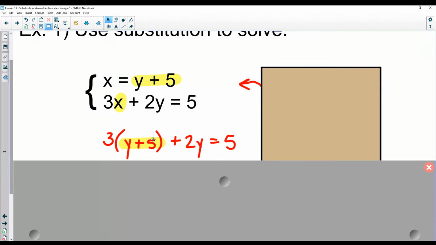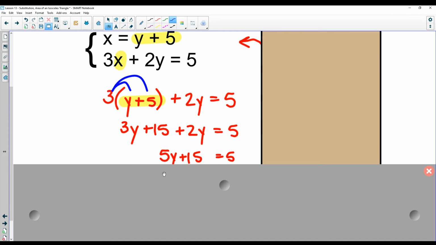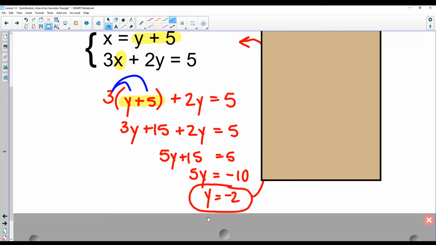So in the next line, the x is replaced with y plus 5 because that actually equals x, as we see from the first equation. So distributing the left-hand side, and combining our y terms and our constants, subtracting 15 from both sides, and dividing both sides by 5.